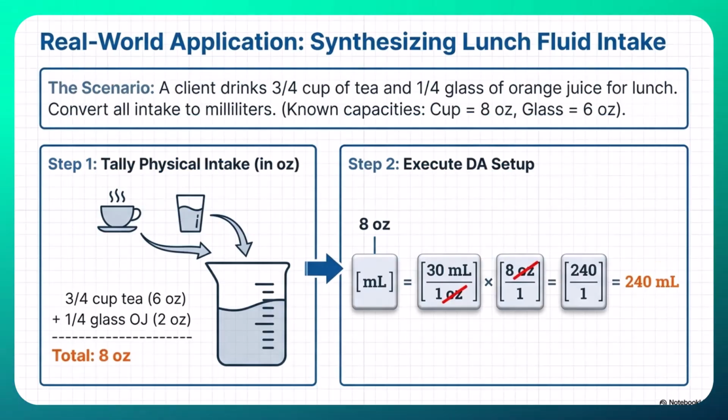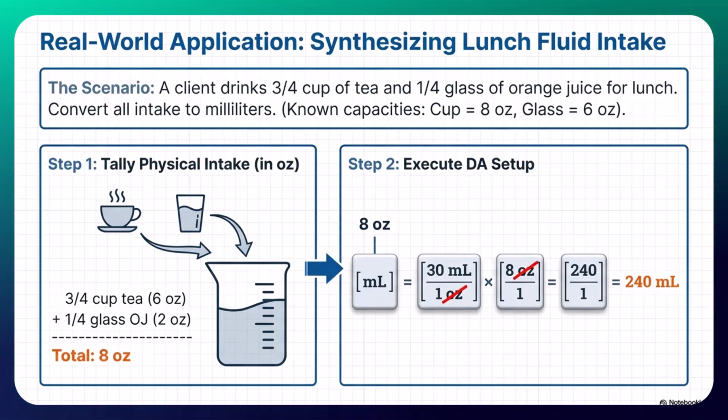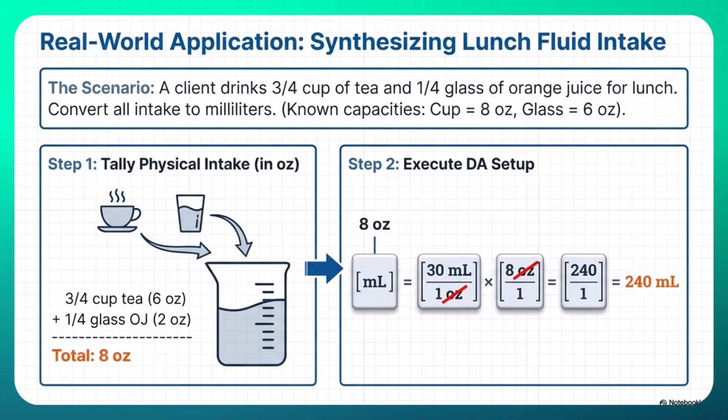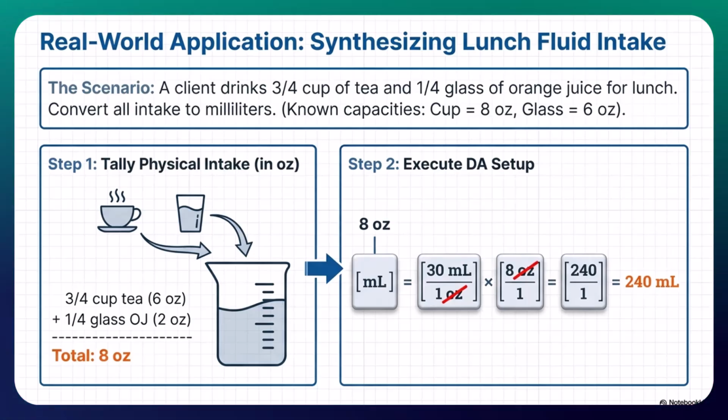Now here's another one, and for the brave souls out there, give it a try. See if you can do it. The answer is up on the board, but let's see if you can do it. So your patient or client drinks a 3/4 cup of tea and a 1/4 glass of orange juice for lunch. Convert all intake into milliliters.